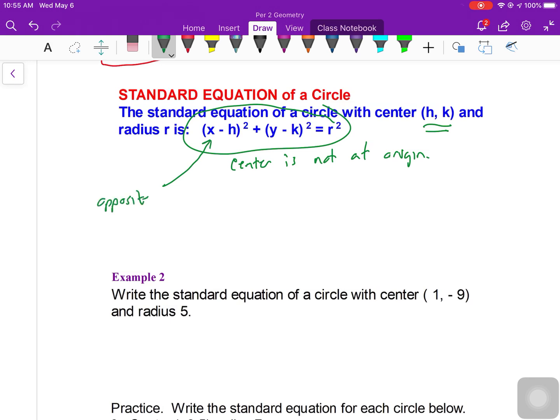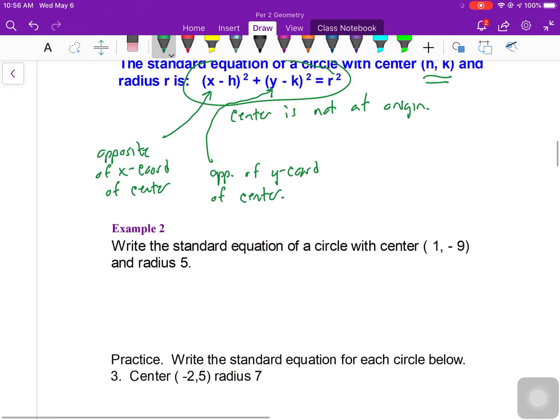What I want you to notice here is, in the parentheses with the x, we have the opposite of the x coordinate of the center. And similarly, with the y, we have the opposite of the y coordinate of the center.